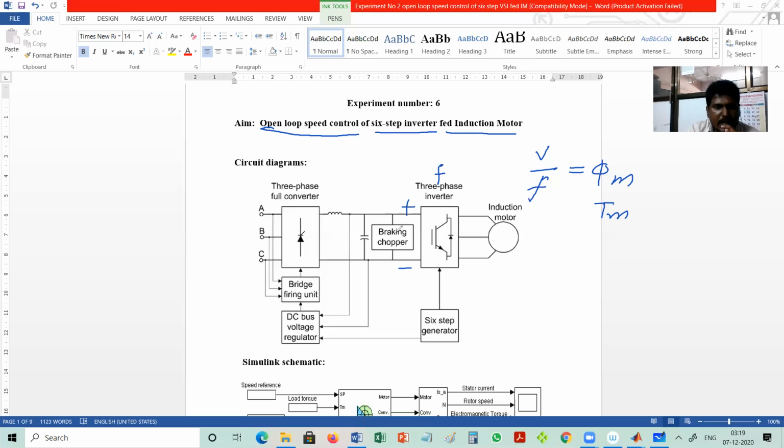So we require extra circuitry to vary the AC voltage by varying the DC link voltage, and for that a three-phase full converter is used.